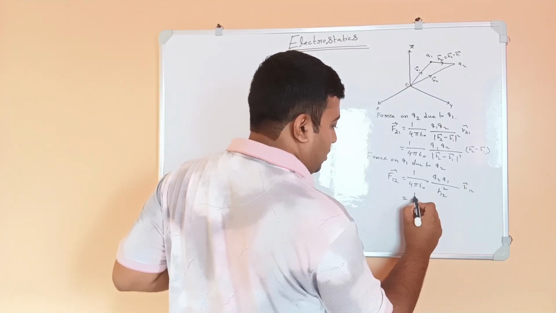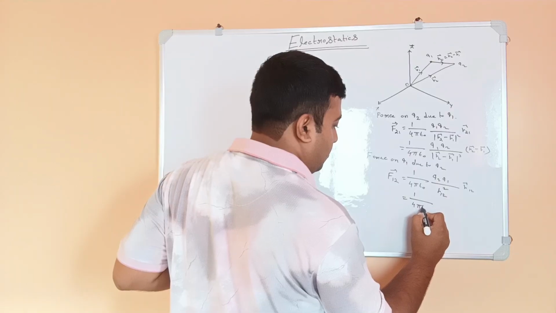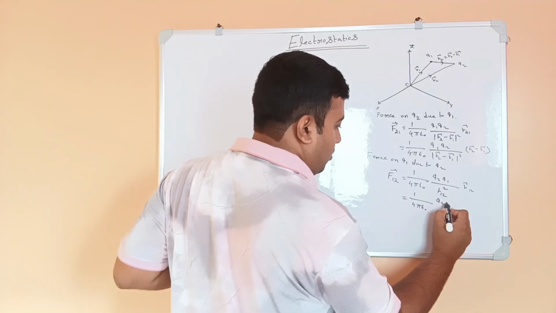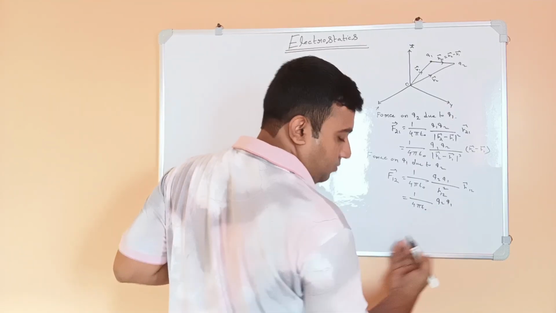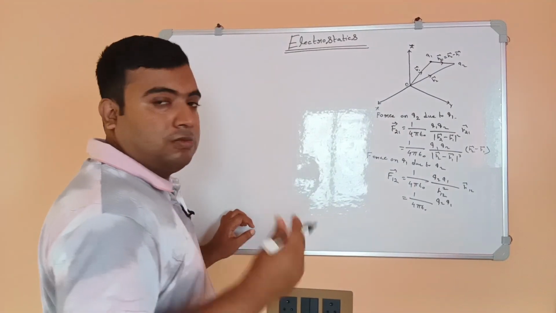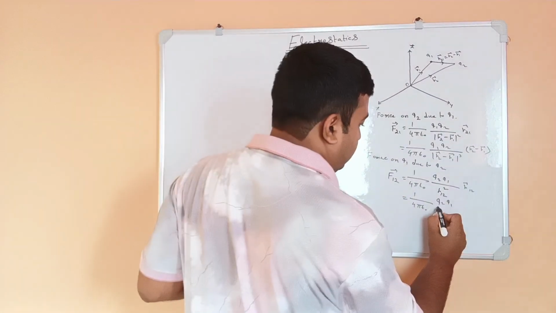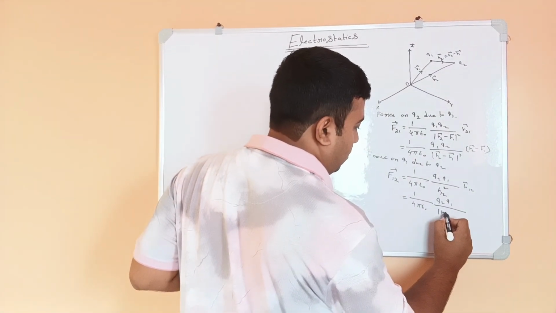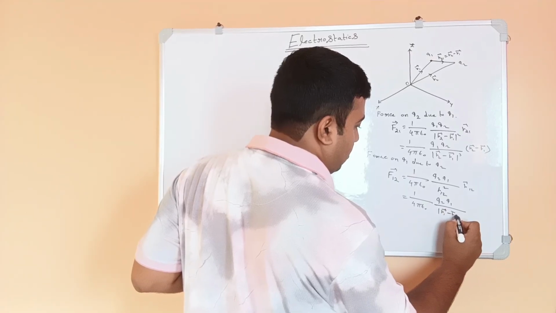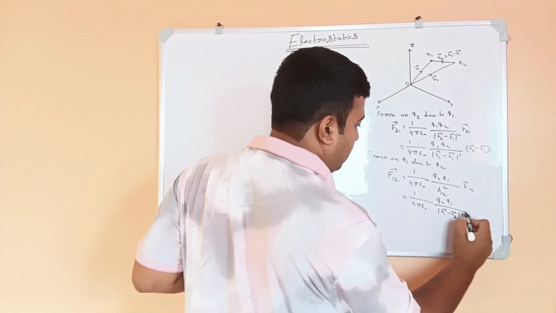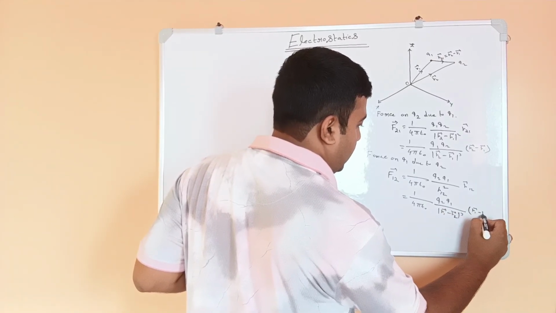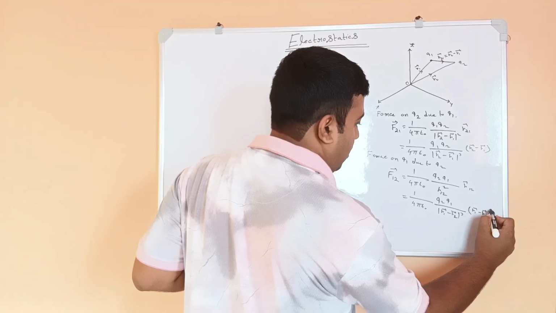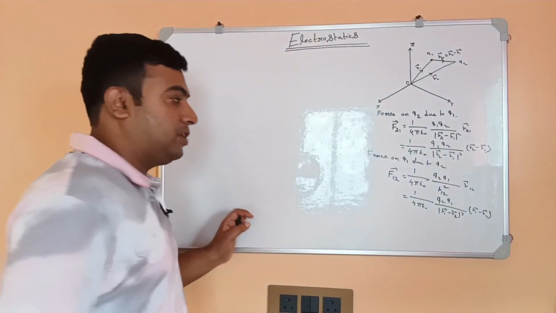So this is 1 by 4 pi epsilon naught Q2 Q1 divided by mod of R1 minus R2 whole cube into the R1 minus R2 vector.